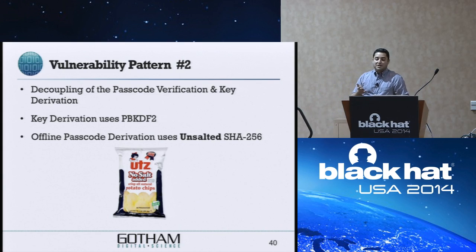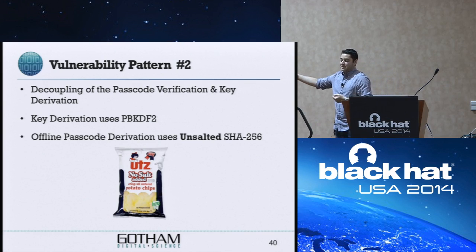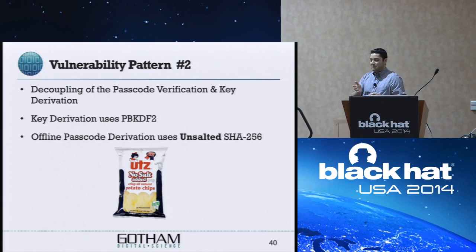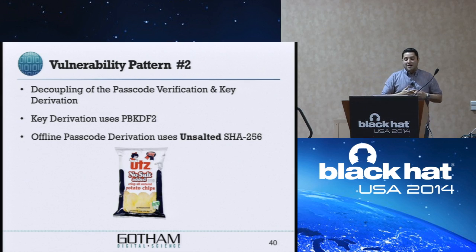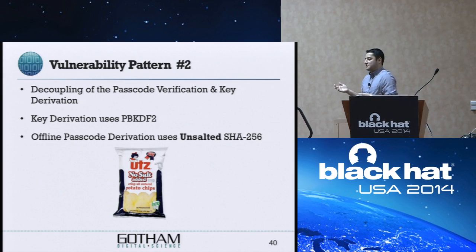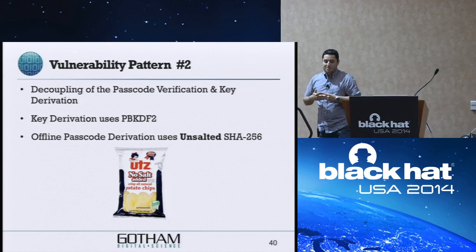So this is a common bug that we found, where the key derivation could be strong, but then you have this really weak passcode verification that I can now use that logic to brute force, instead of brute forcing the key derivation. So we found one bug where they were doing an unsalted SHA-256 as that passcode verification, which is pretty terrible.